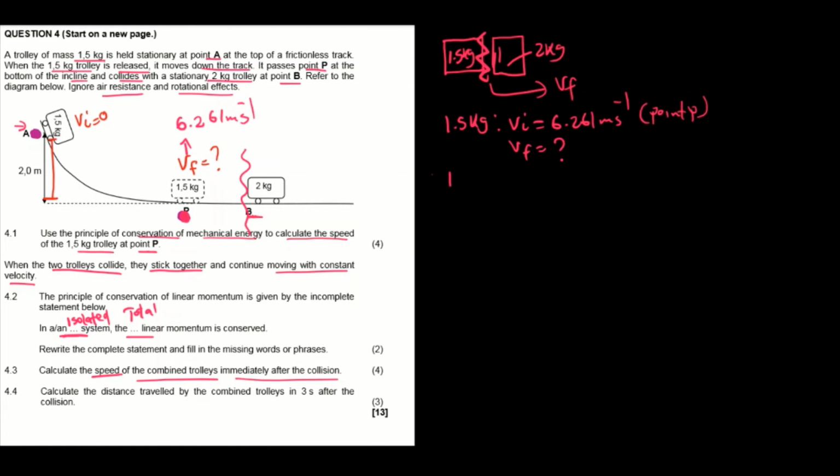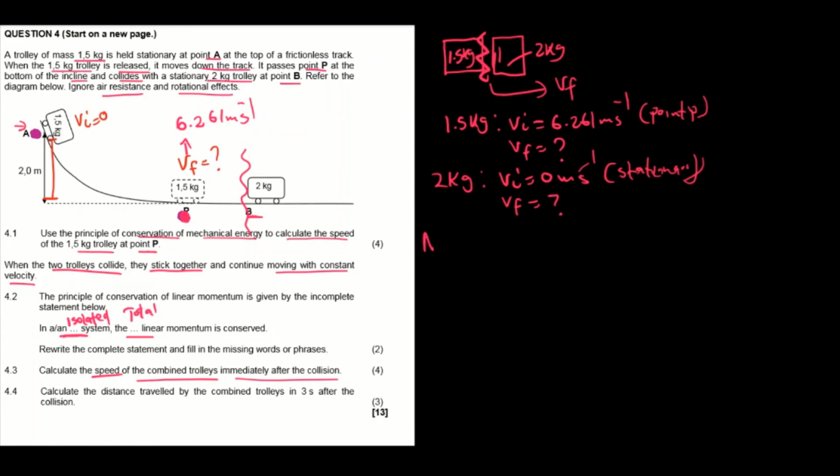And for the 2 kilogram trolley, its initial velocity is 0 meters per second because it was stationary, and then its V final is what we're looking for.